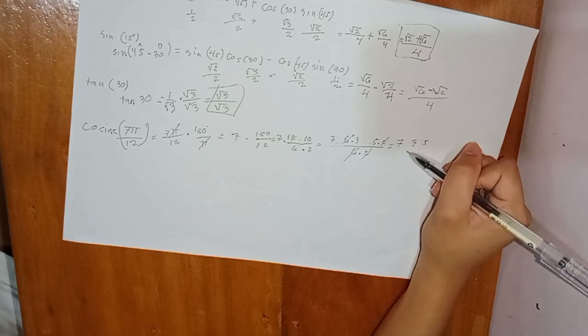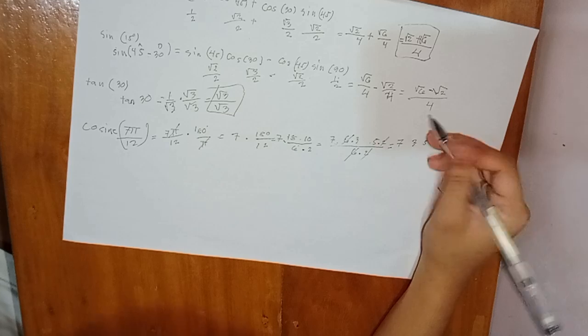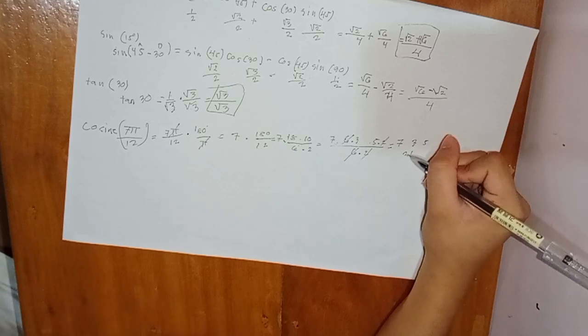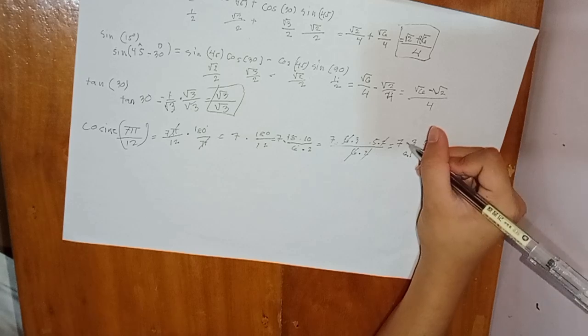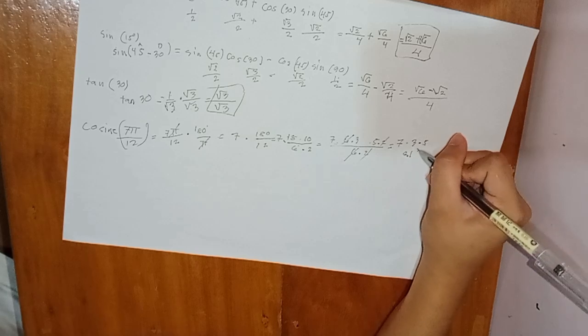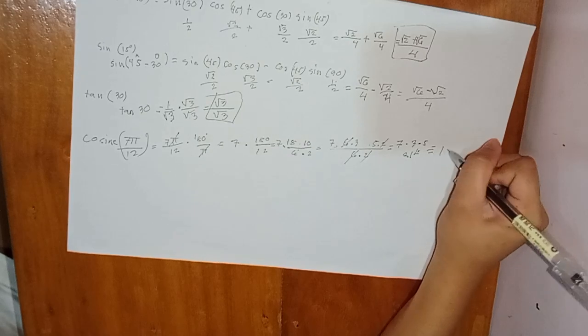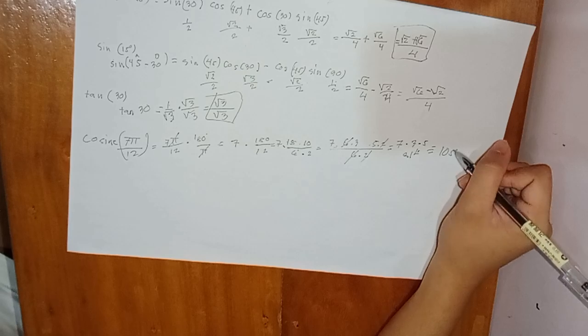So we must calculate this. 7 times 3 is equal to 21, and 21 times 5 is equal to 105, or 105 degrees.